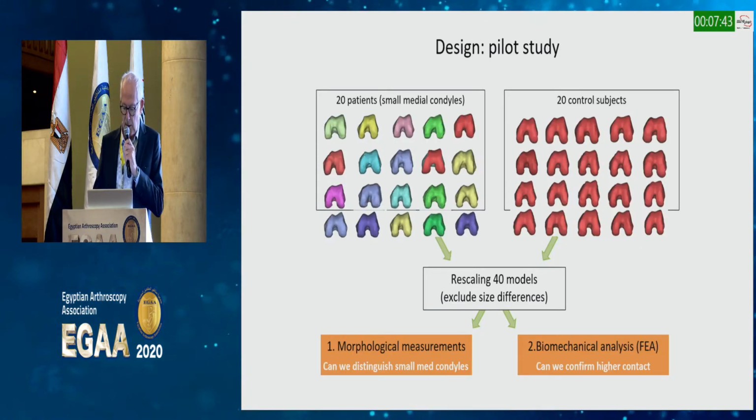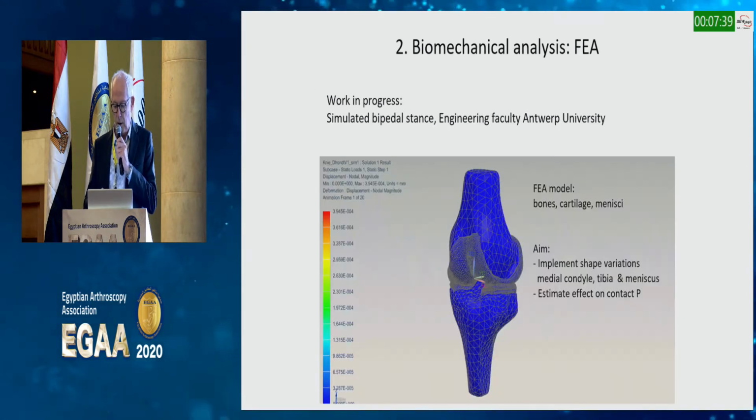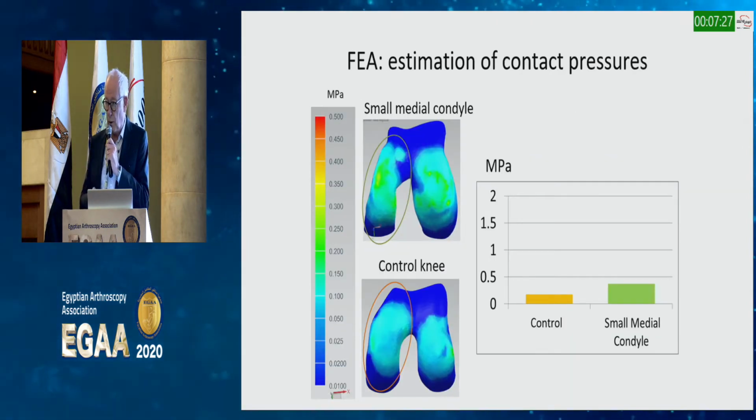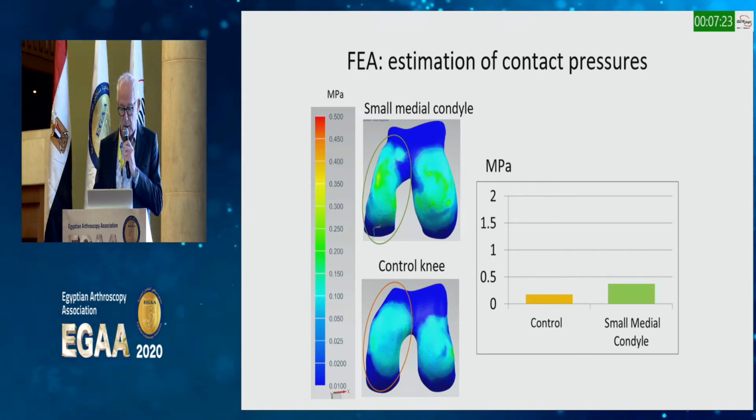And this pilot study further went on to the finite element analysis, whether these findings of smaller condyles, with more impact on the tibial plateau, would lead to a derangement or further degeneration in the cartilage.